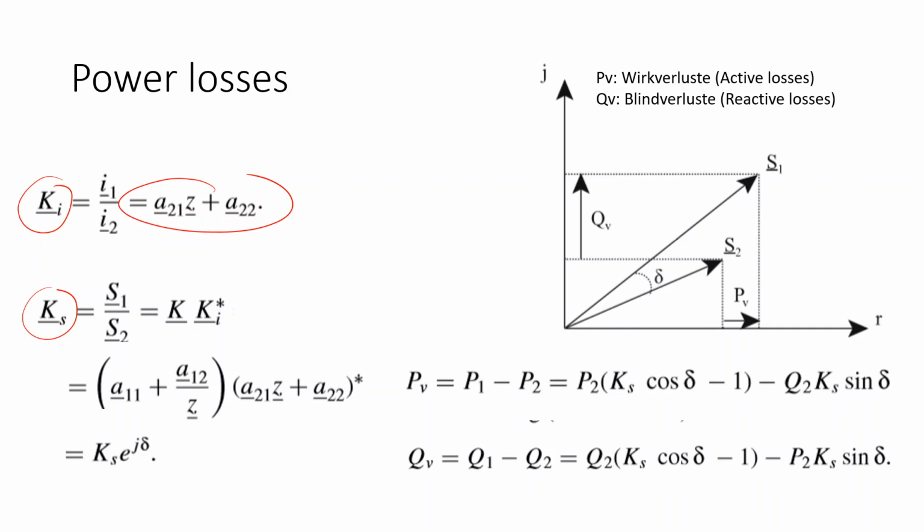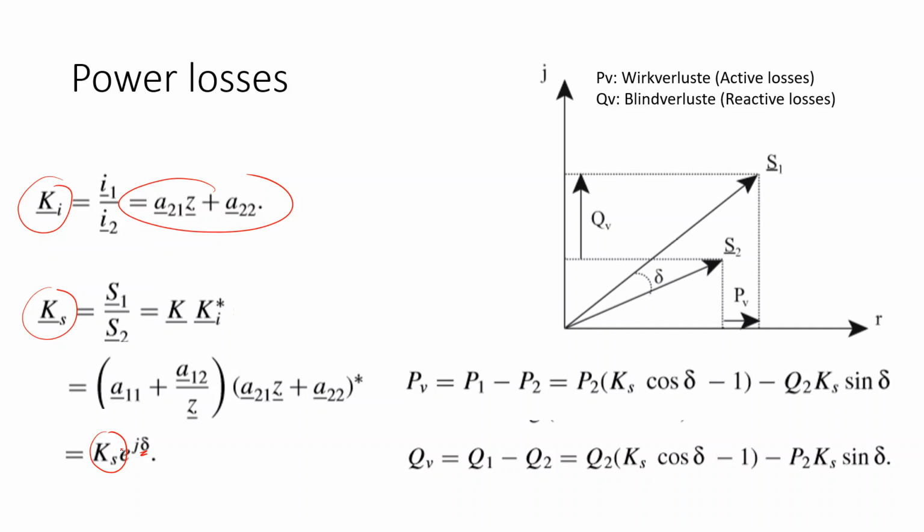Now you could also see that we put the K in this form, and this is the K conjugate. Multiplication of these two results in a complex number, which can be written in terms of the magnitude and some angle.